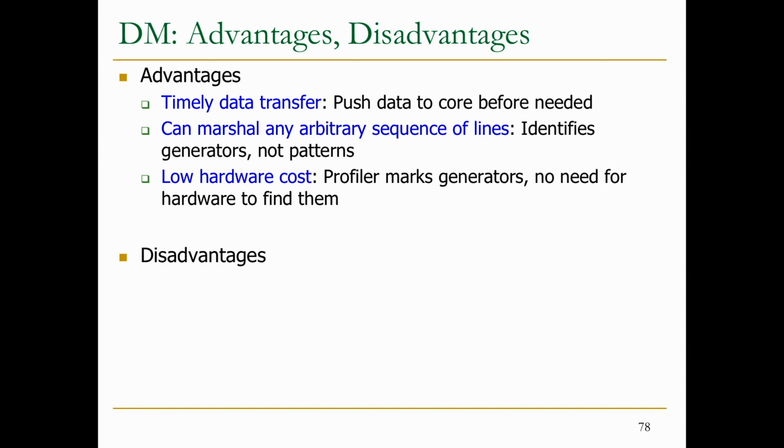And here, it turns out there are no patterns in the data. You're not getting address A plus 1, A plus 2, A plus 3. That doesn't happen in this case. You get an arbitrary sequence of cache blocks. This data marshalling works really well because it identifies generators of the patterns as opposed to the patterns themselves.